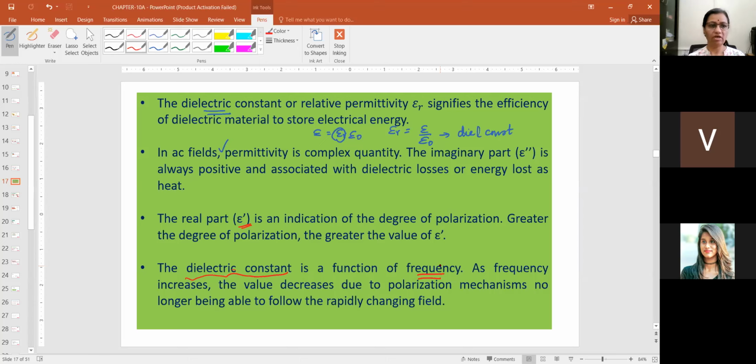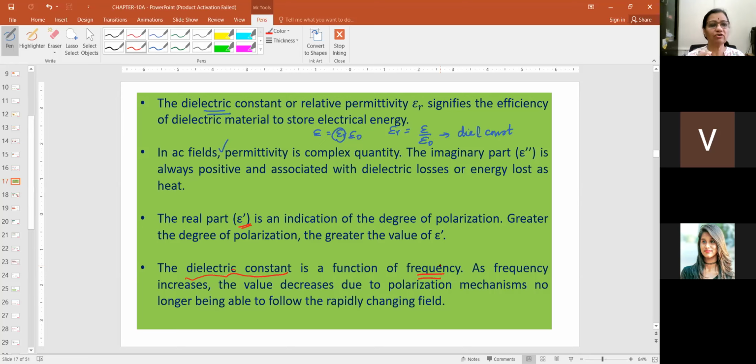But here, in the normal dielectric material, when the frequency keeps going up, the dipole is not able to keep pace with the frequency. Therefore, the value of the dielectric constant, or the polarizability, decreases because of the polarization mechanism.